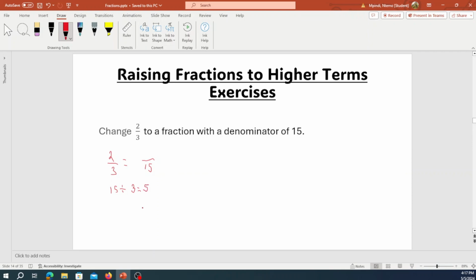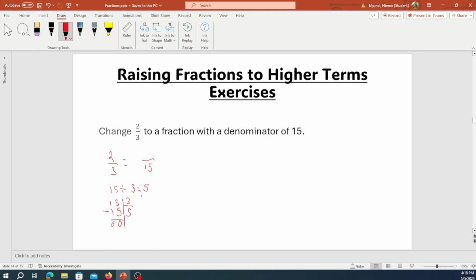Or you can do it like this, by 3, here you got 5, and times this. When you do 5 times 3, that's what you get. Then you put minus.